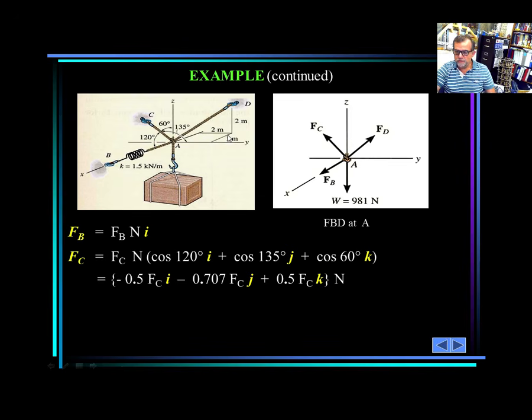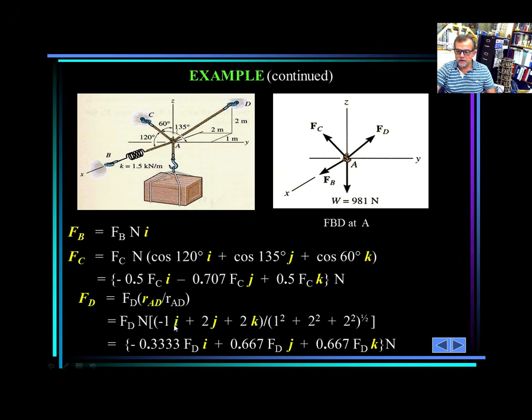In Y, +2, and in Z, +2. And this is 0, 0, 0. So basically that's gonna be my position vector. -1, +2, +2, divided by the square root of this square plus this square plus this square, multiplied by my unknown, which is the magnitude of FD. And I get this equation.